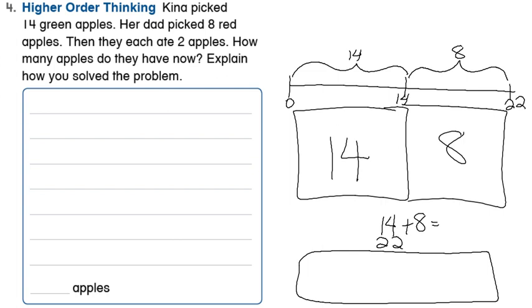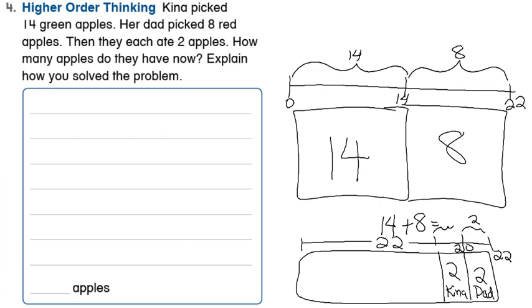Now, they each ate 2 apples. So we've got a 2 and a 2. One is for Keena. One is for her dad. And this is 22. This distance is 2. So 22 minus 2 is 20. So this is 20. And then this is another 2. 20 minus 2 is 18.